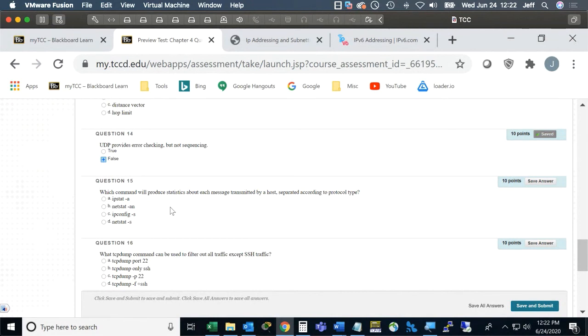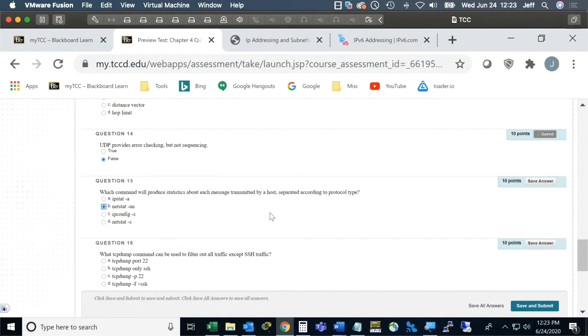Which command will produce statistics about each message transmitted by a host separated according to protocol type? Go with B or D. Yeah, that's a good guess.